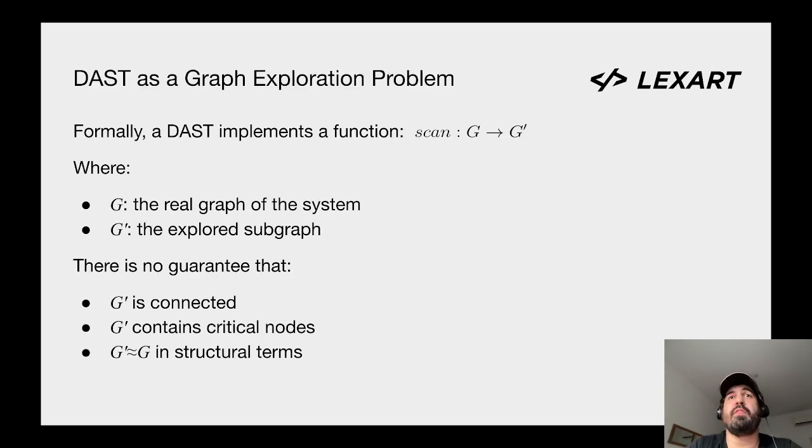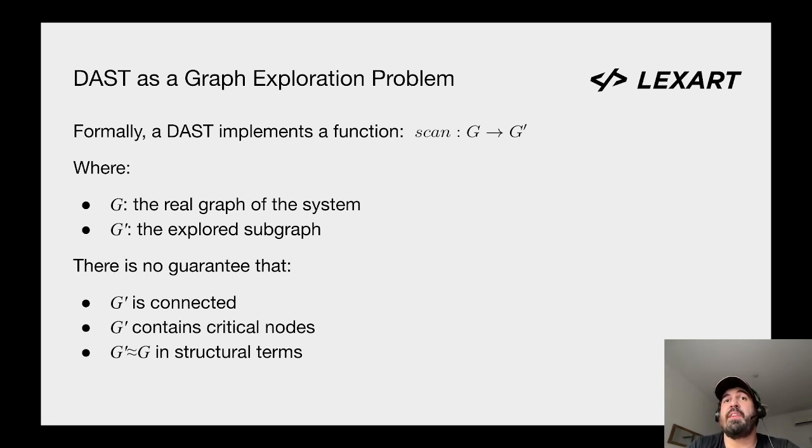From this point of view, we can think of DAST as a graph exploration problem. Formally, a DAST implements a function, in this case scan, from G to G prime, where G is the real graph of the system and G prime is the explored subgraph.